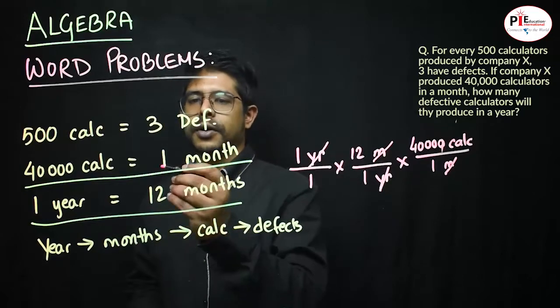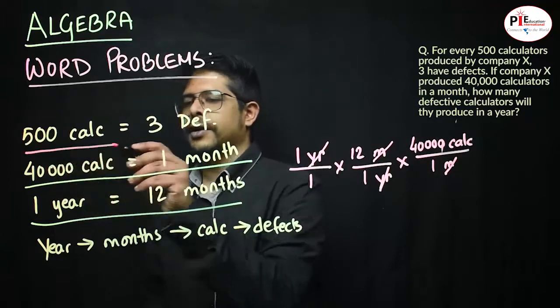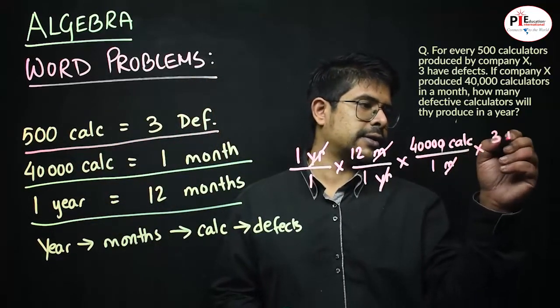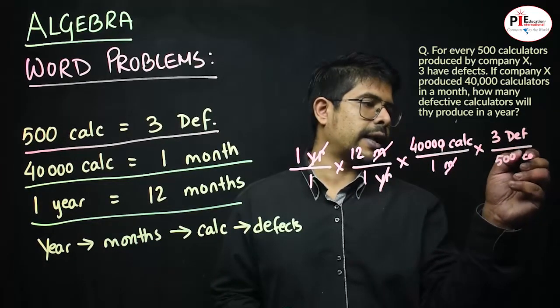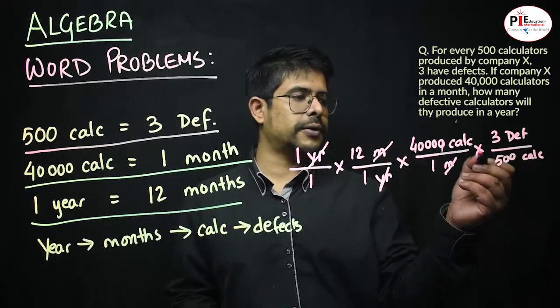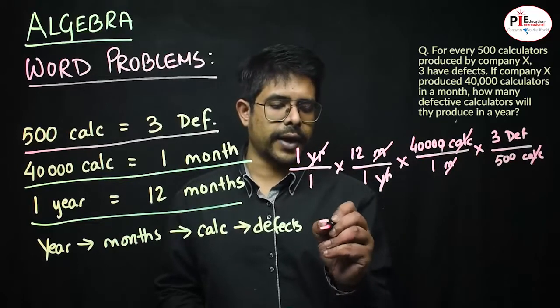I want to know the number of defects. So what is the conversion factor? 500 calculators, 3 defects. So we are going to write 3 defects by 500 calculators. Why did I write calculators at the bottom? Because I want to cancel out the calculator units. Now let's see what we have.